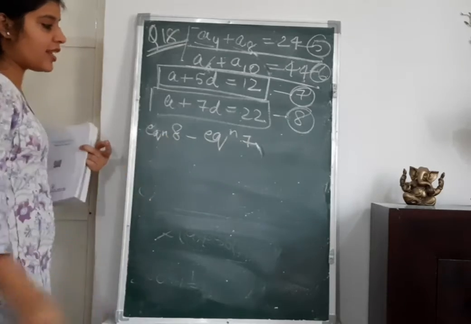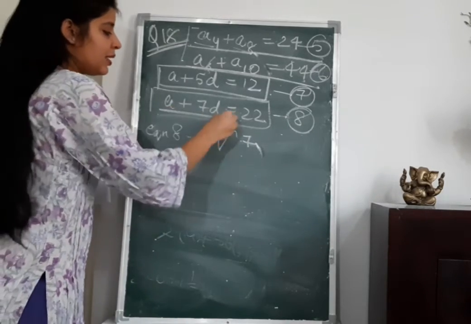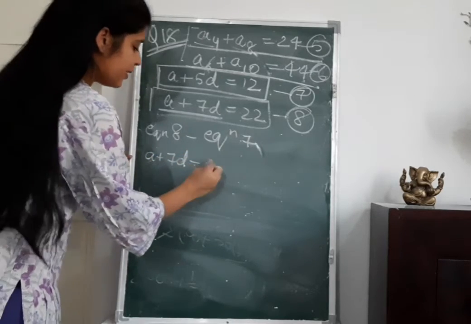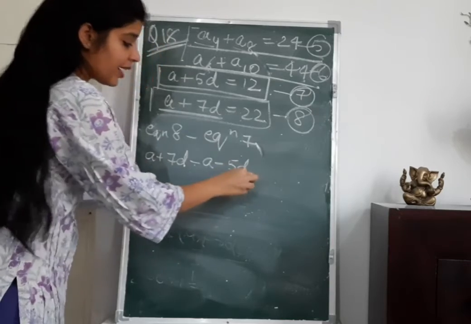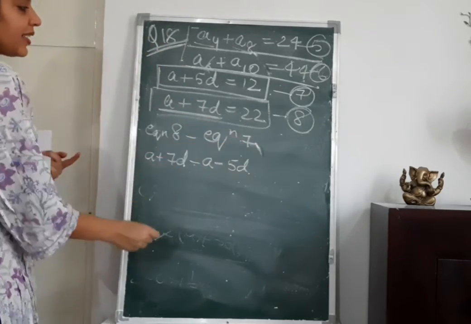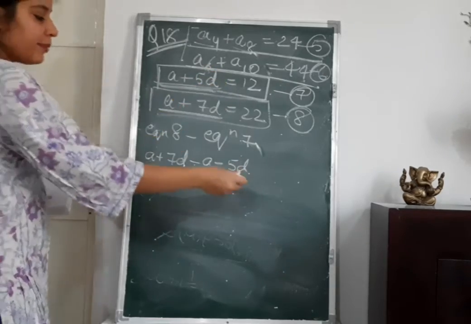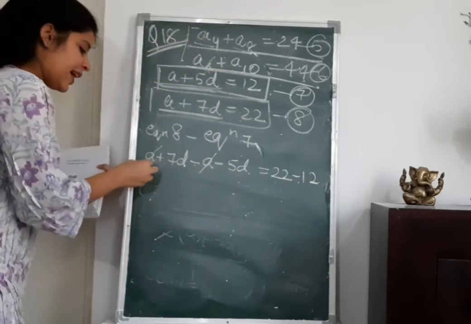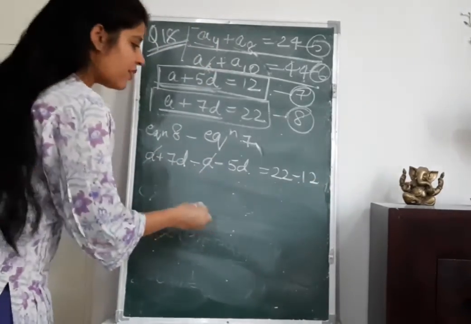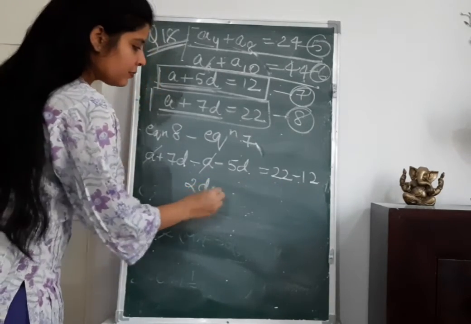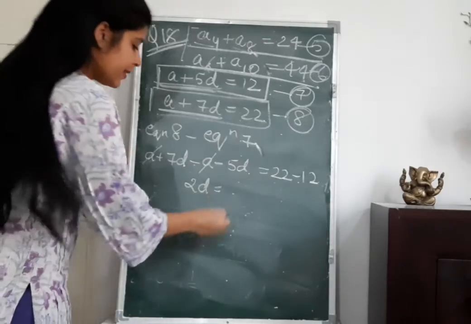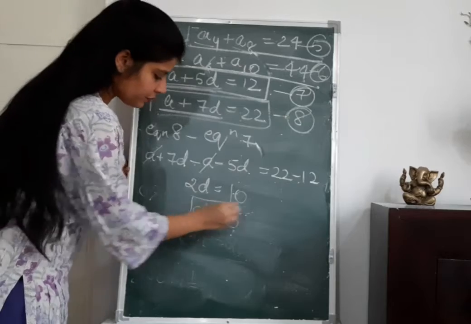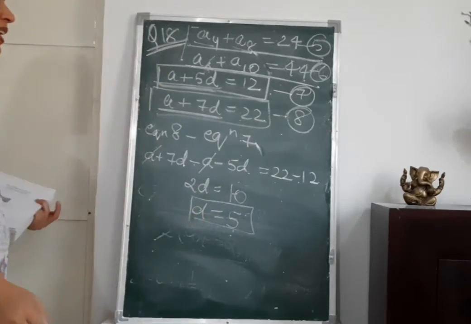From the left hand side, I will get A plus 7D minus A minus 5D, because the minus sign is here, so both these signs will change and become minus, equal to 22 minus 12. A and A will get cancelled. 7D minus 5D will become what? 2D is equal to 22 minus 12, which is 10. That gives me D as 5. That gives me the common difference as 5.